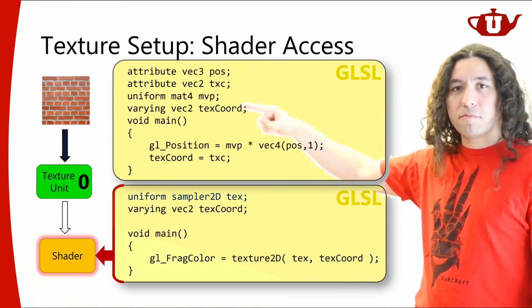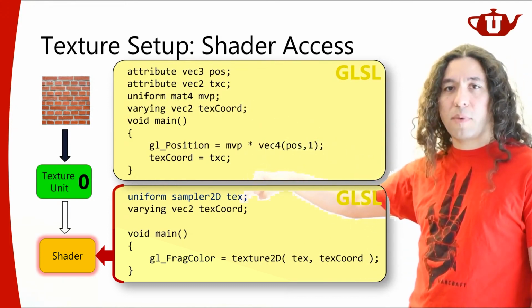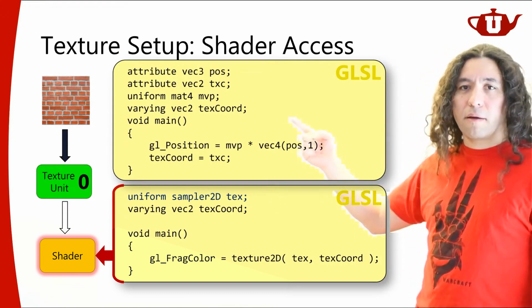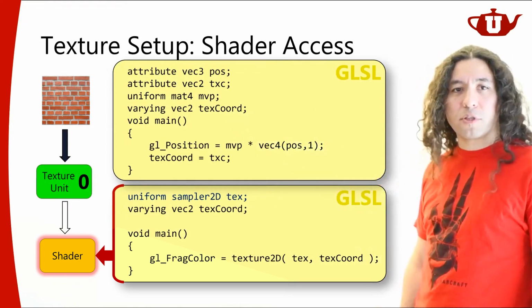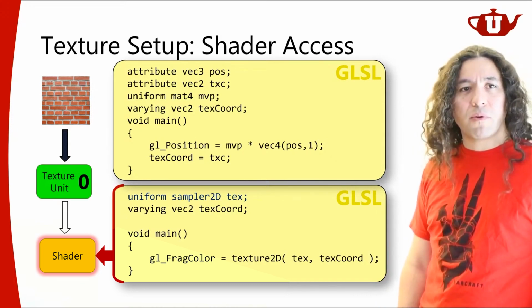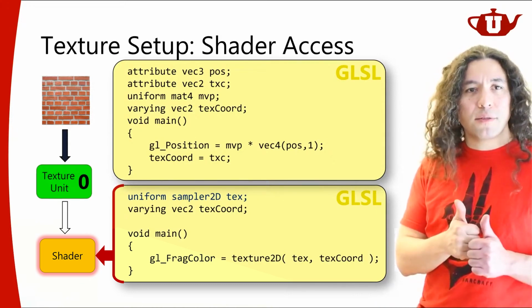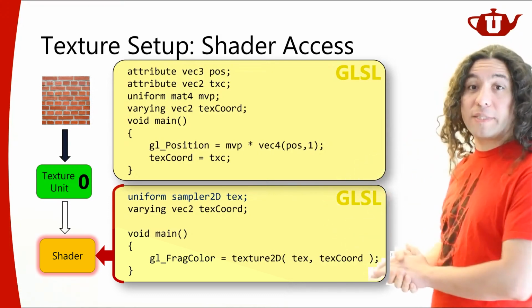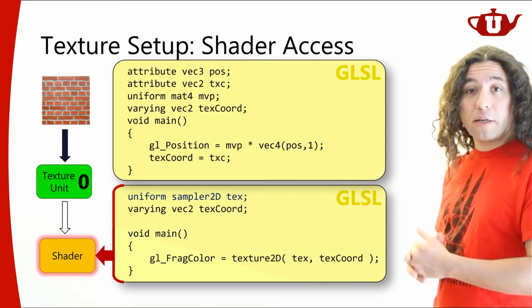Okay, so texture coordinate sent to my fragment shader over here like this. And yeah, position is just the position, just like we used before. All good? So this is how I'm going to be using textures in my shaders.